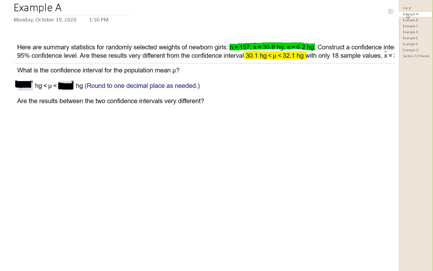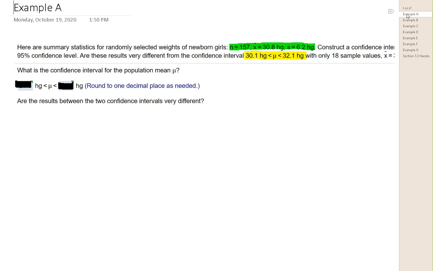So right away I see that n equals 157. X bar is kind of strange. It's 30.8 Hg, which is not millimeters of mercury in this case. It's actually hectograms, which is a really strange unit to use. Whatever. It's 3,080 grams. The standard deviation s is 6.2 hectograms.